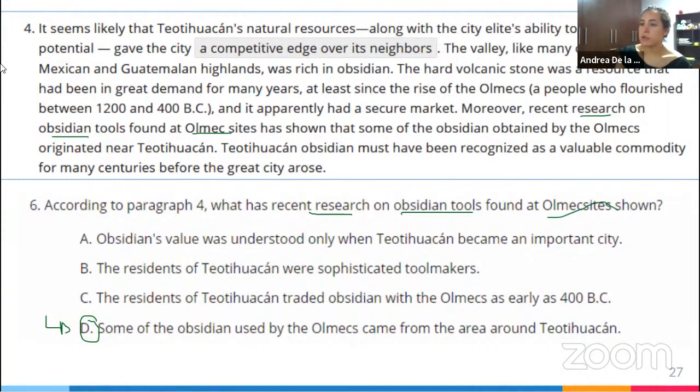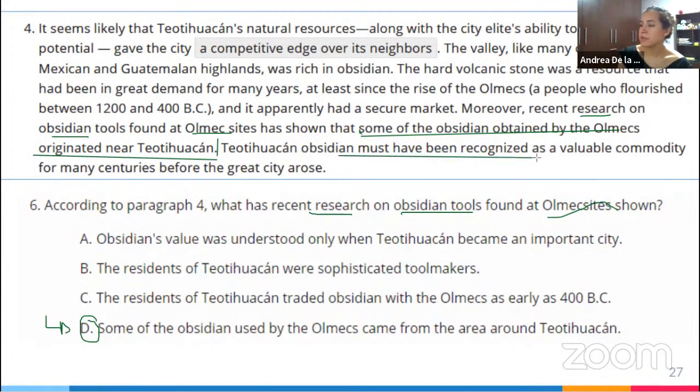So recent research on Obsidian tools found on all sites has shown that, and they ask, what has this research shown? It has shown that some of the obsidian obtained by the Olmecs originated near Teotihuacan. And then that's the answer, right? The Teotihuacan obsidian must have been recognized as a valuable commodity for many centuries before the Great Sea arose.